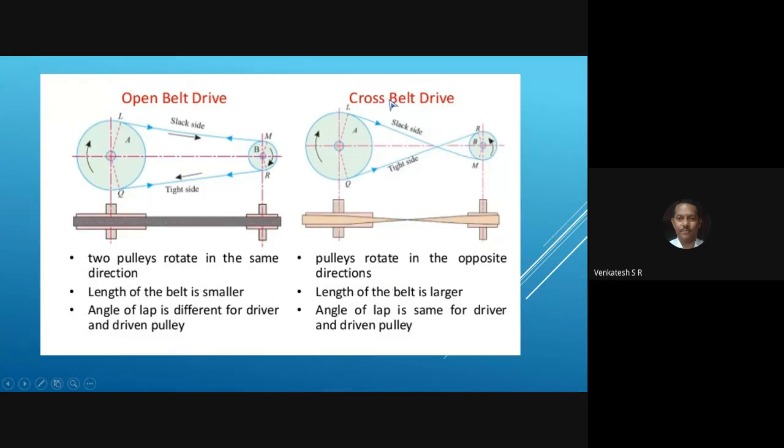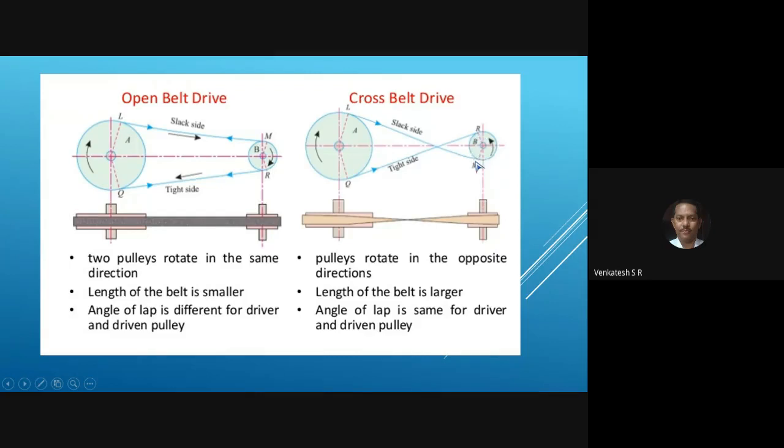Next, in the same thing, angle of contact or angle of lap. All of you observe here. L, M, Q, R, both are the same.